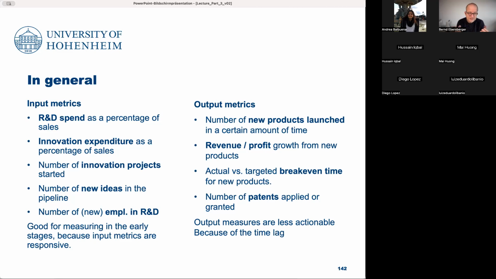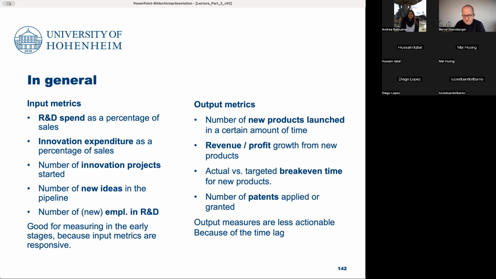It also includes expenditure for R&D, for innovation training of employees, etc. So innovation expenditure is a broader category that captures a broader category of expenses than R&D.